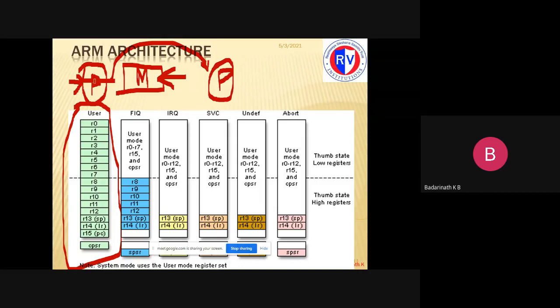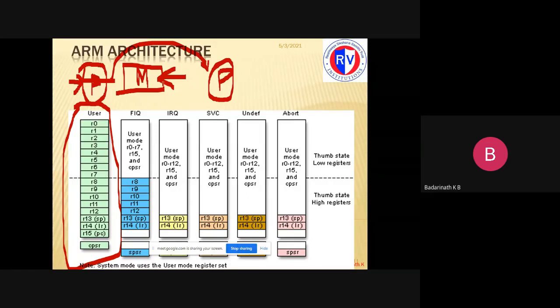So you are here in the user mode and a request is generated by a device. A lot of peripherals and sensors are outside the microcontroller.